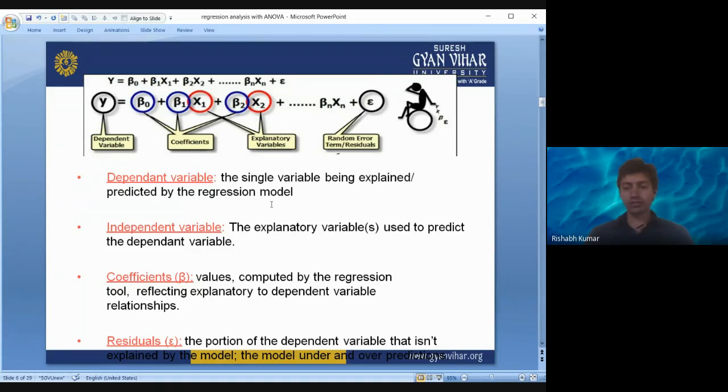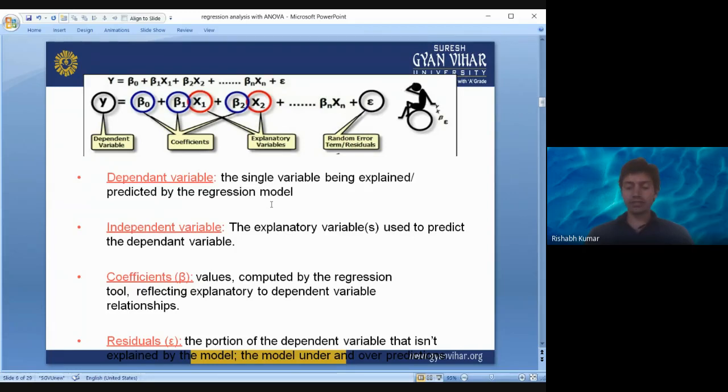So height is represented on the x-axis, and weight is represented on the y-axis. So in that case your x, or height, will be your independent variable and weight will be your dependent variable.